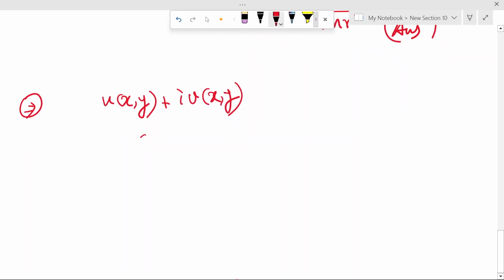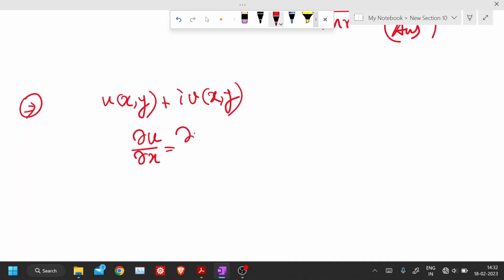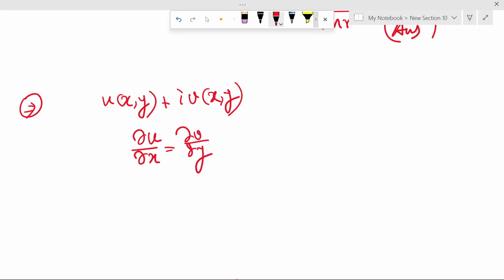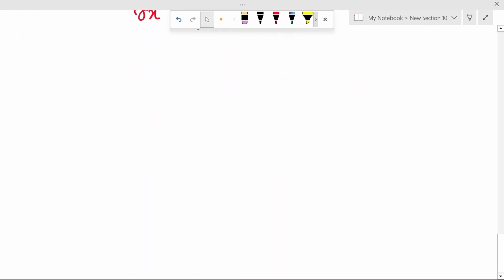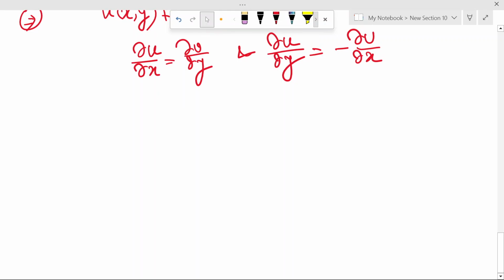It is analytic when del u del x is equal to del v del y, and del u del y is equal to minus del v del x. So in the question you have been given u and v, and you have to use this condition and find a cross b cross c. Let's do it.